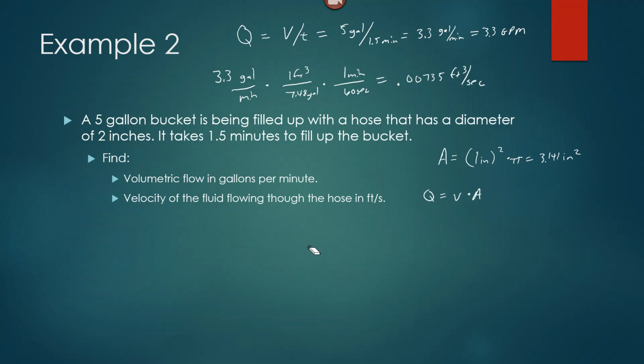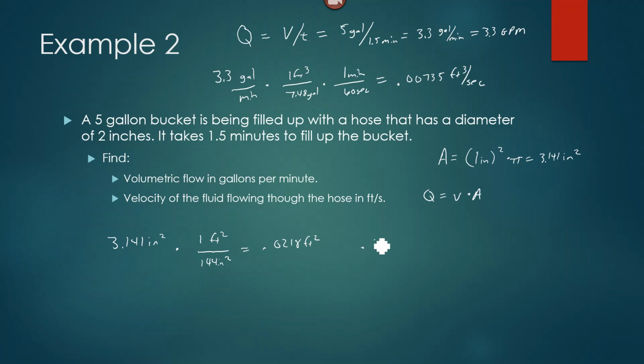Actually we better use the 3.141 inches squared times 1 feet squared over 144 inches squared. It's going to give us 0.0218 feet squared. That way we have like units for our volumetric flow rate.